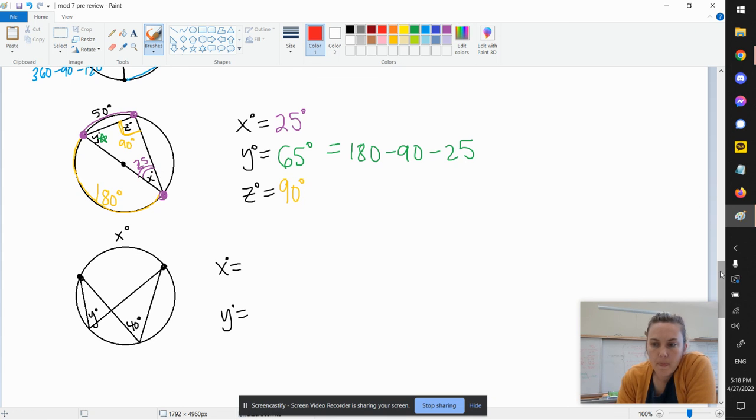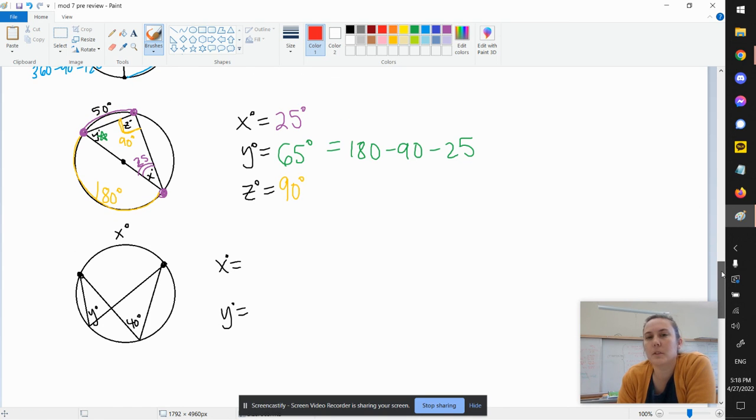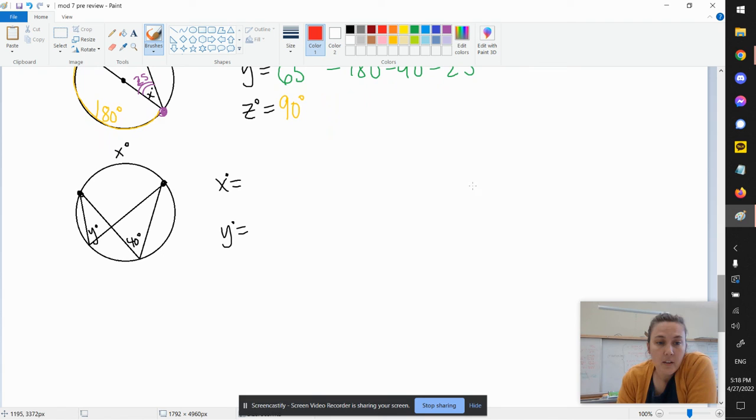Cool. Are there other ways to do that one? Absolutely. Definitely. For this one, we have an inscribed angle that starts and stops at the same points as this arc. So this arc is double that angle, is 40 times 2.